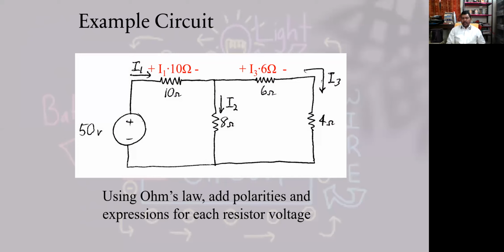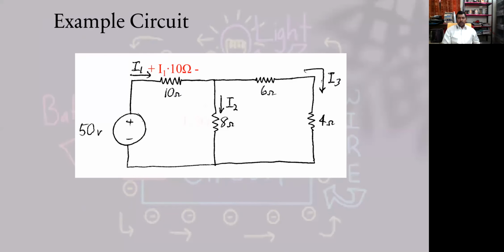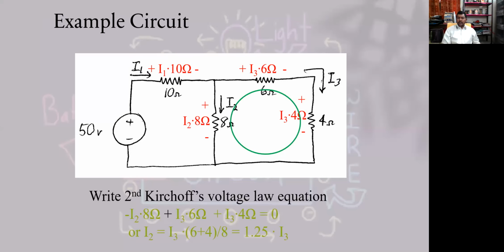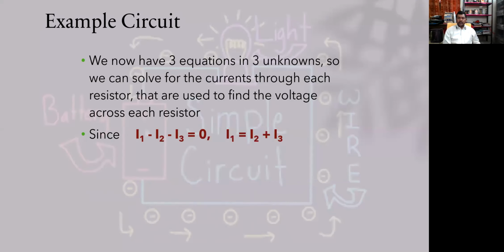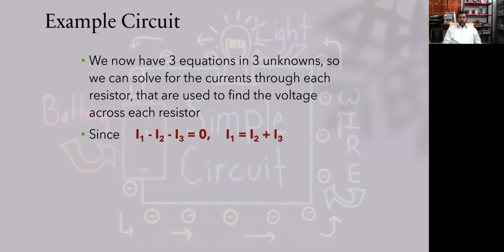So these were the simplest equations that we got in one loop, and this was for the other loop where we are not having any voltage source. So this was the second loop, and we can write the second Kirchhoff's voltage law like this. So I1 is equal to I2 plus I3, or I1 minus I2 minus I3 must be equal to zero.